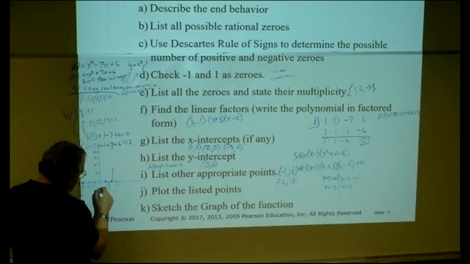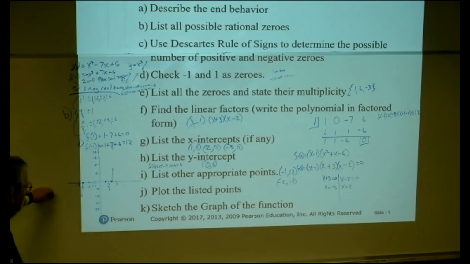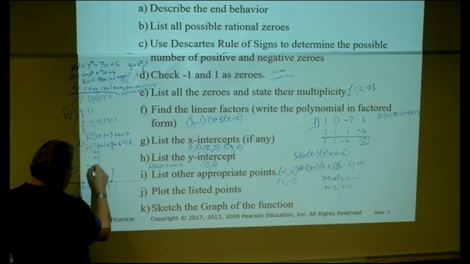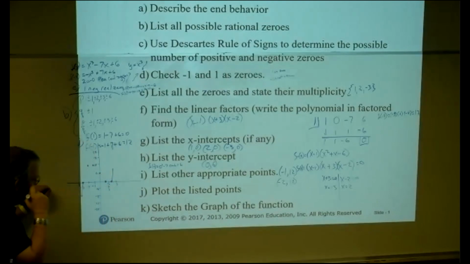And so here I have -6 and then -12, and then -18 and -24. So far graphing, I have these points. I like to graph them. And once I set the scale up, I start graphing the points as I find them.